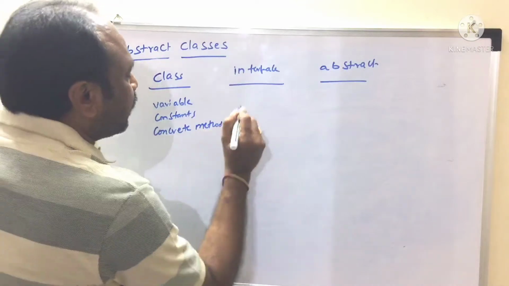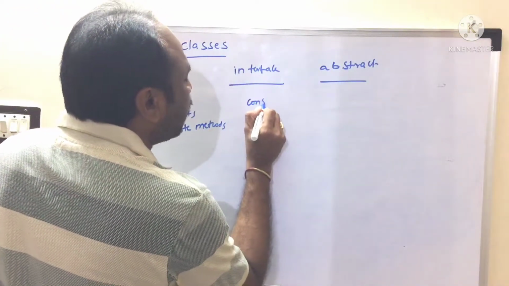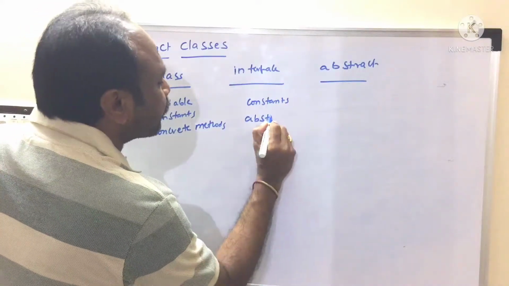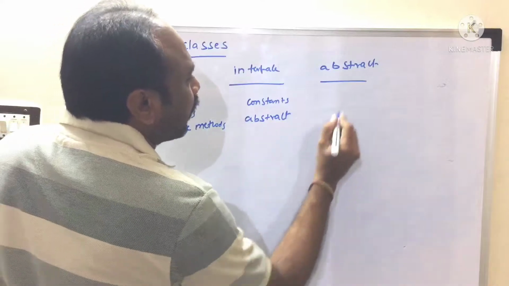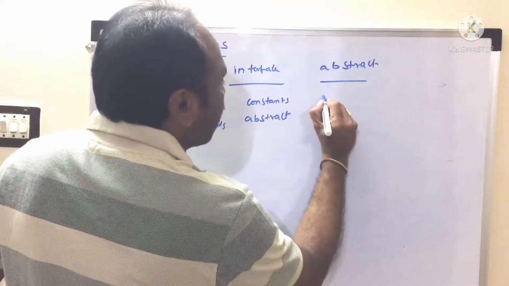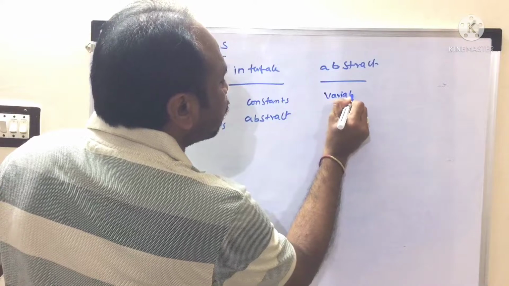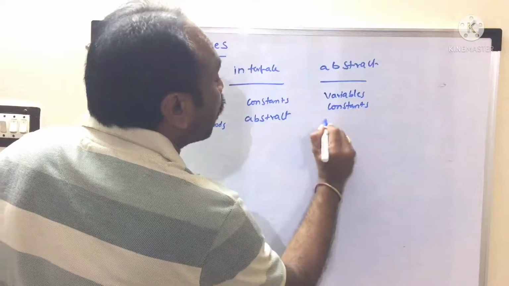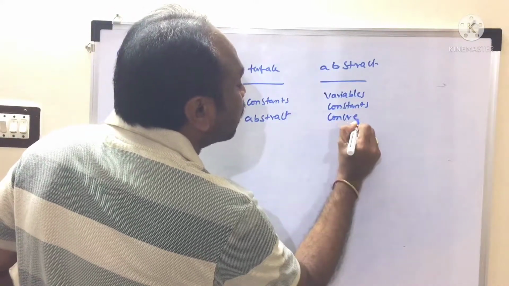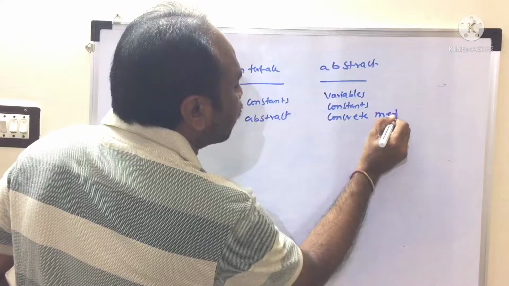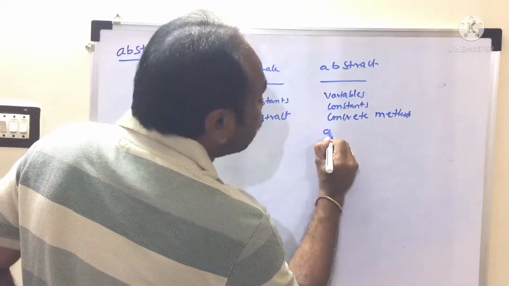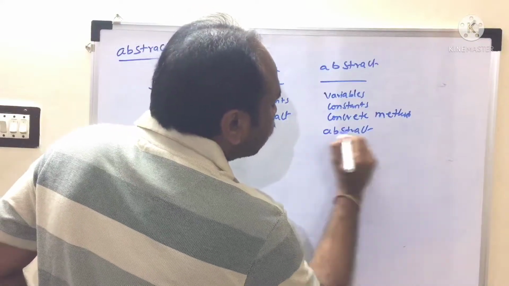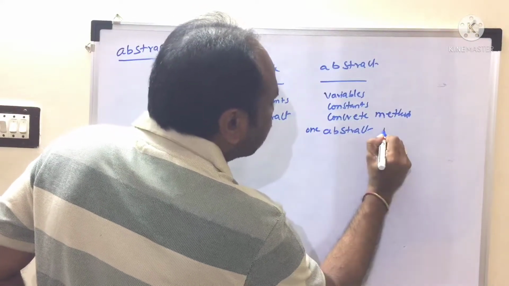But in the interface, we may have only constants and abstract methods. Whereas in case of abstract class, we may have variables, we may have constants, we may have concrete methods. What is a concrete method? As just explained, which is having statements or a body, but at least one abstract method.